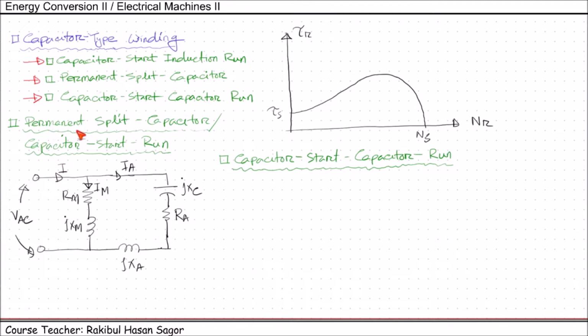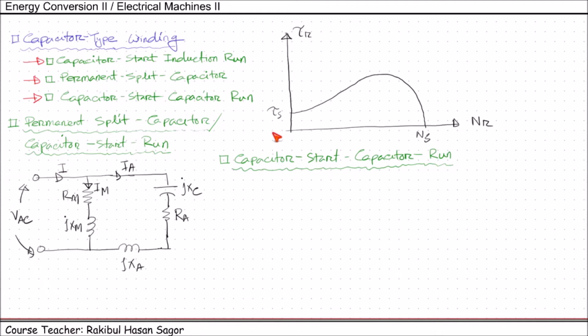That's why in the permanent split capacitor type motor, the capacitor size is chosen so that it gives very smooth running under normal load condition. But in that case, we do not get a very high amount of starting torque. It happens because the starting current is much greater than the normal load current.